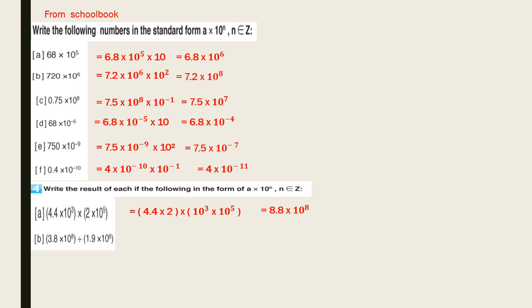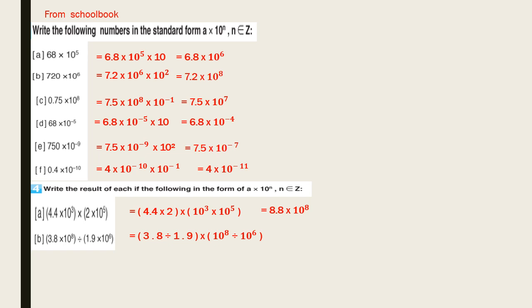Letter B, 3.8 times 10 to the power 8 divided by 1.9 times 10 to the power 6. In division, you can use 3.8 divided by 1.9 and multiply by 10 to the power 8 divided by 10 to the power 6 between brackets.